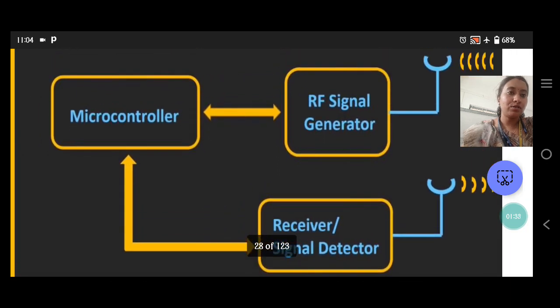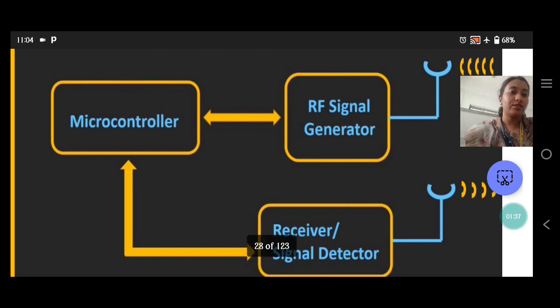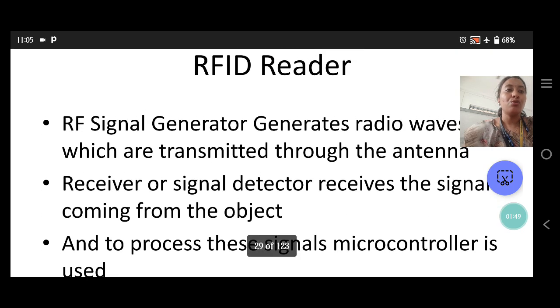A microcontroller is there, an RF signal generator is there, and a receiver signal detector is there. Whatever signal it receives, the microcontroller acts as the centralized unit for processing the data. The RF signal generator generates radio waves, which are transmitted through antennas, as radio frequency mainly works on radio waves.